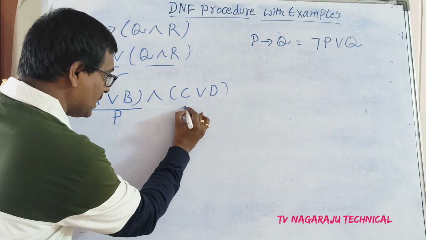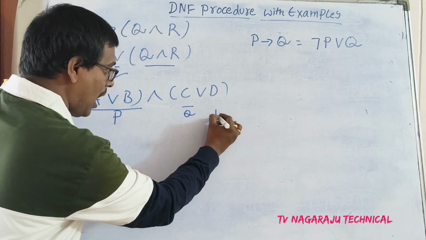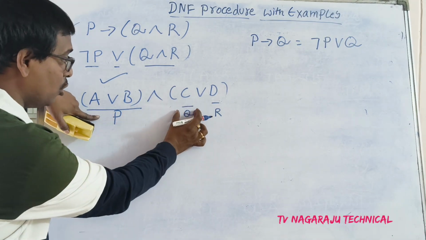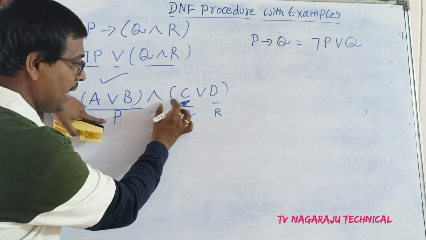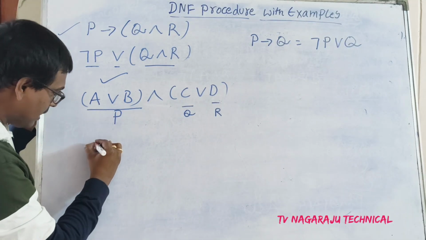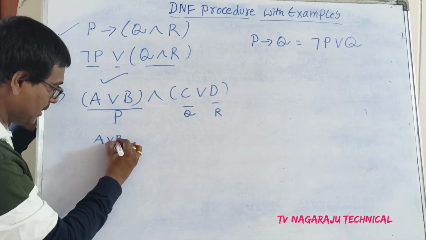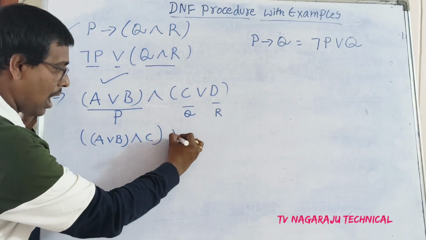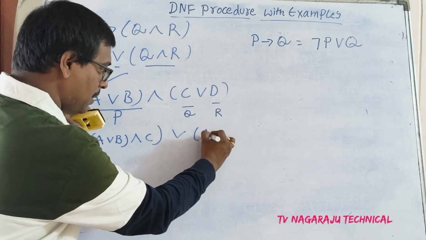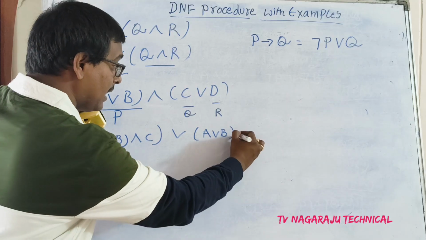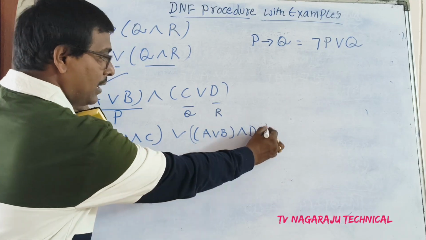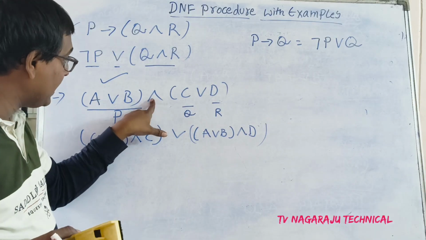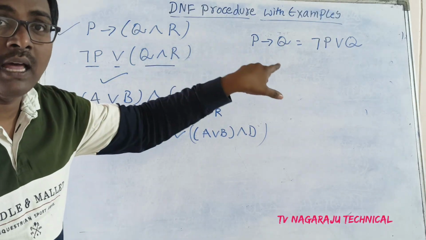P. Observe, Q, R. Now, how are we getting? P and (Q or R) is P and Q or P and R. So (A or B) is P, and (C or D) gives (A or B) and C, or (A or B) and D. Now you got it. How to apply? Understand, in DNF, apply the AND operation over the OR operation.